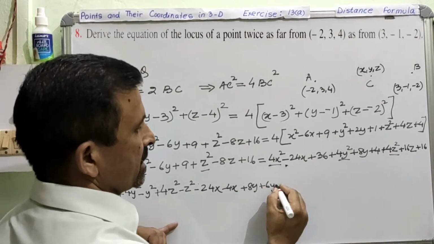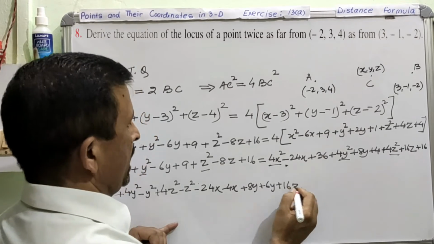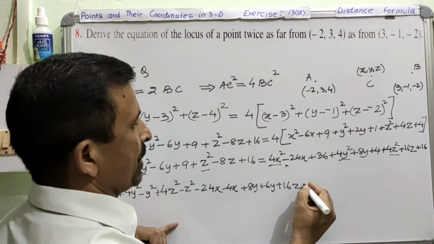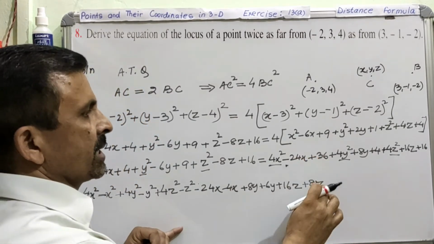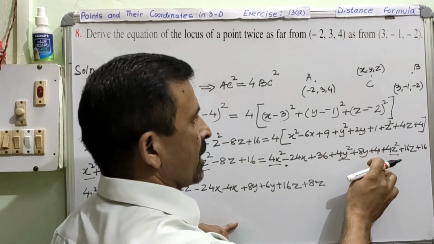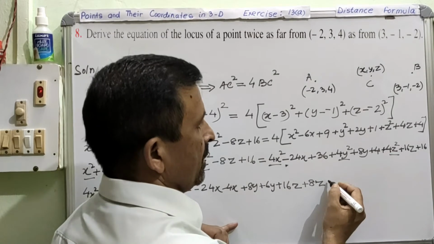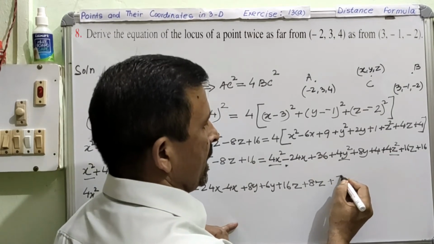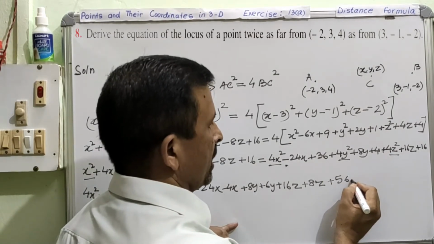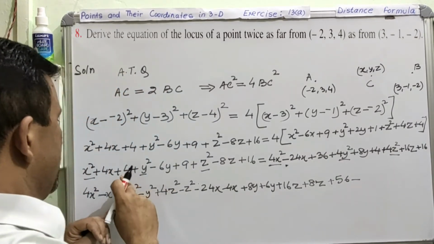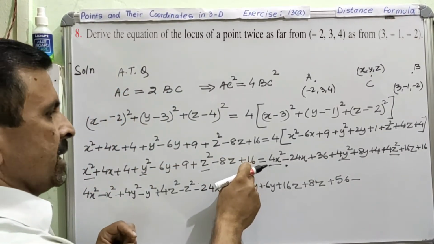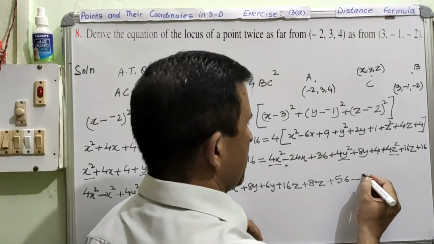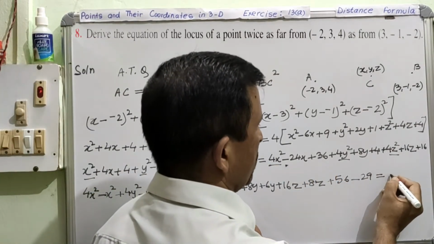This is 16z, and this minus 8z will become plus 8z. Now on the right hand side we have the constant 36 plus 4, 40, and plus 16, so this will become 56. Now this side: 4 plus 9 is 13 and 16, 29. 56 minus 29 is equal to 0.